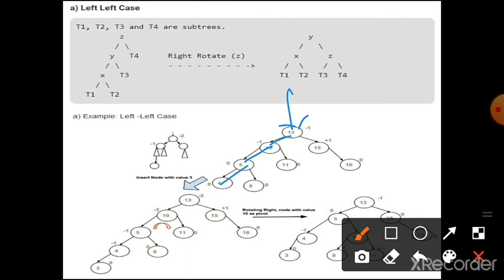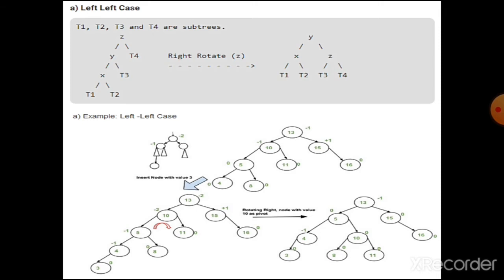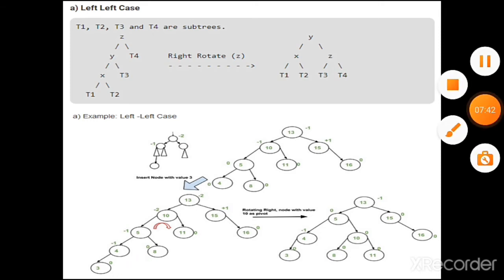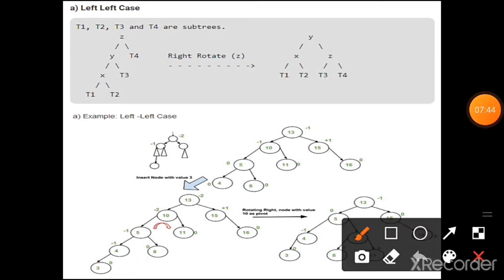Then 3 is again less than 4, so 3 is inserted as a left child of 4. So that is here.